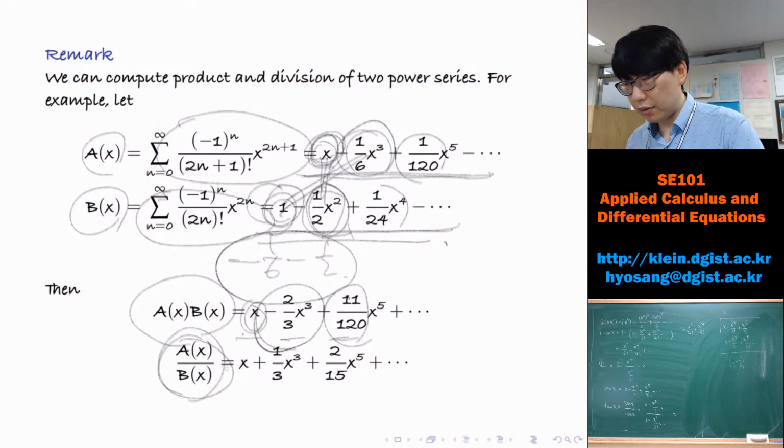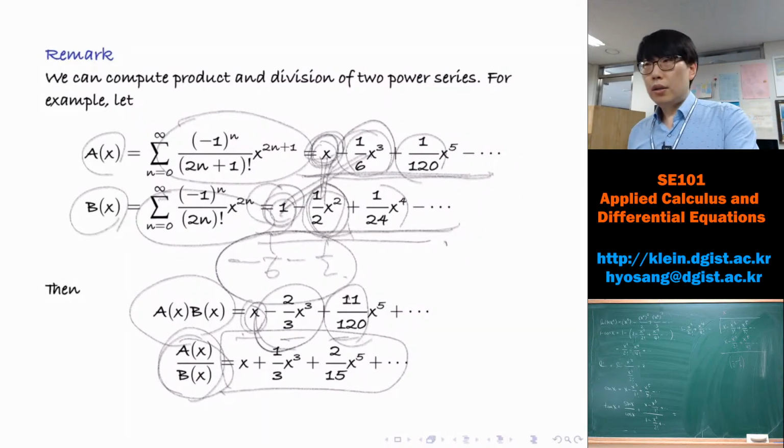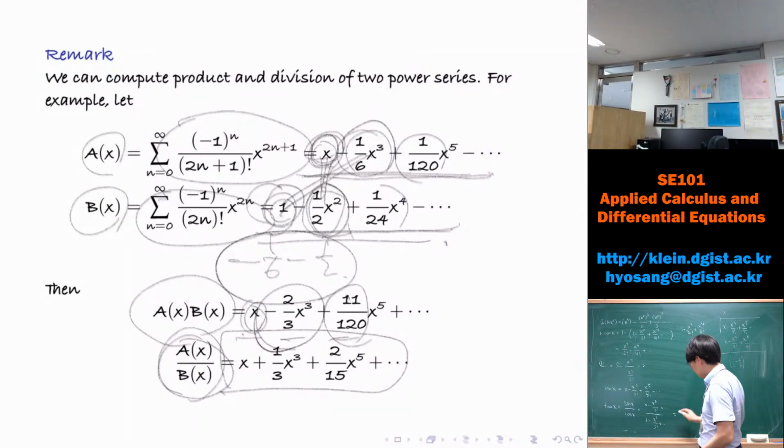I did tangent x. Okay, so this is the tangent x. So I don't have to do this again. So let's copy that. So this is x plus 1 over 3 x cubed plus 2 over 15 x to the fifth. Okay.